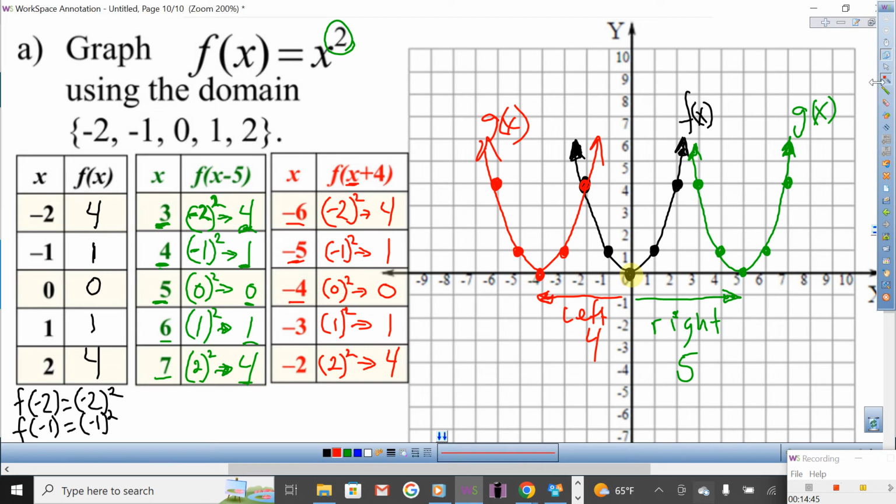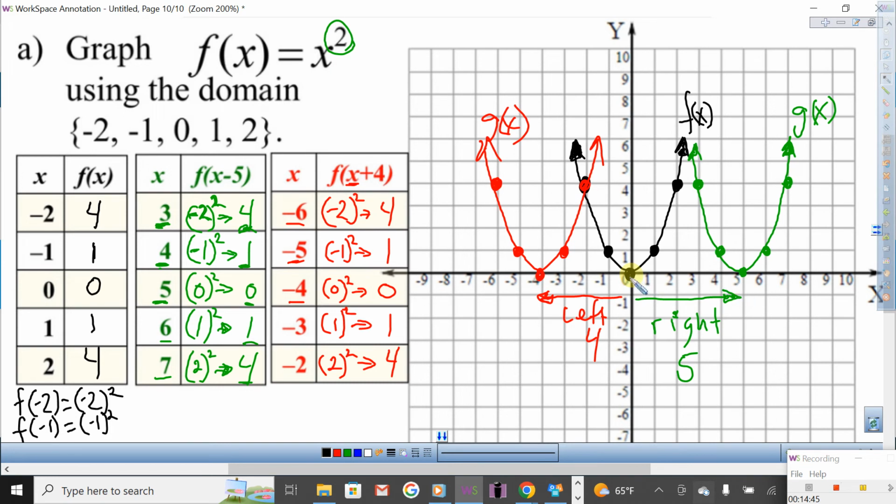All right. So look up really quick just to make sure you don't get lost from this point forward, because this is something that gets people confused. Here it goes. Look up. Put your utensils down. So Joel said that the green one, we move 5 to the right. And he's right. We move 5 positive steps. Look at the vertex now.